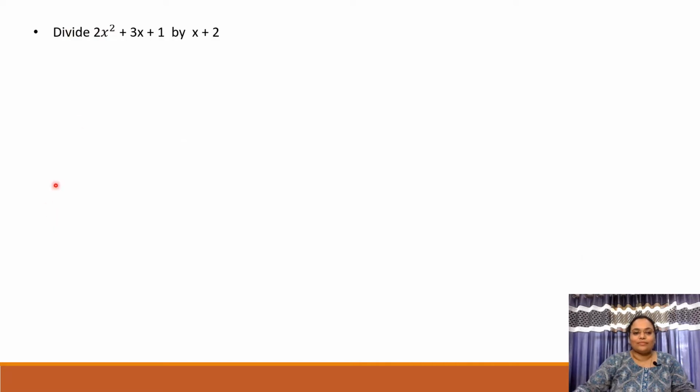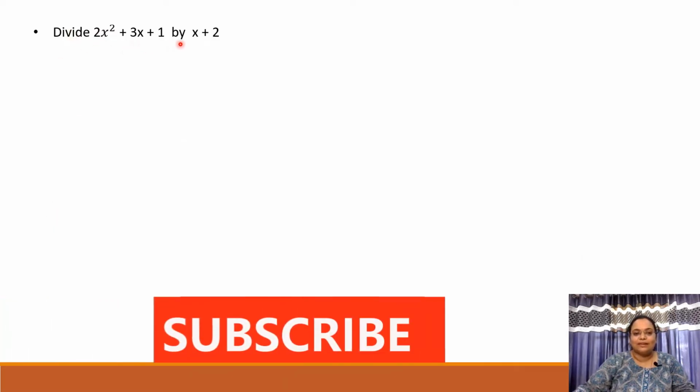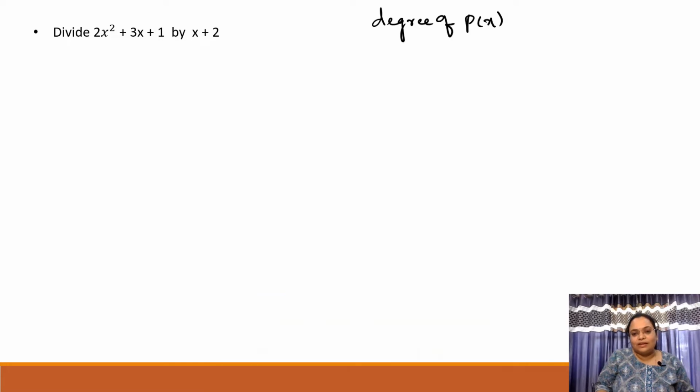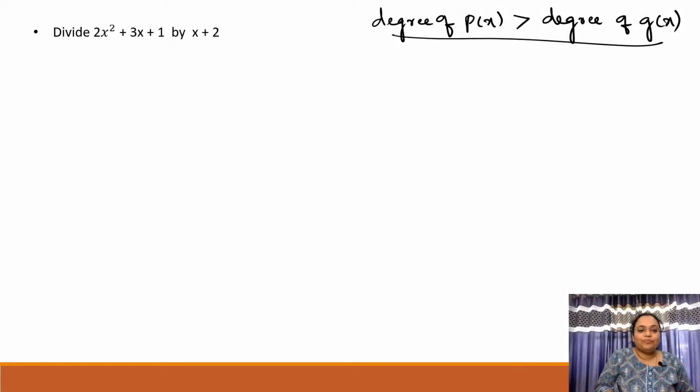Now we will divide 2x square plus 3x plus 1 by x plus 2. So how do we take P of X and G of X? We know that degree of P of X is greater than the degree of G of X, right? So 2x square plus 3x plus 1.